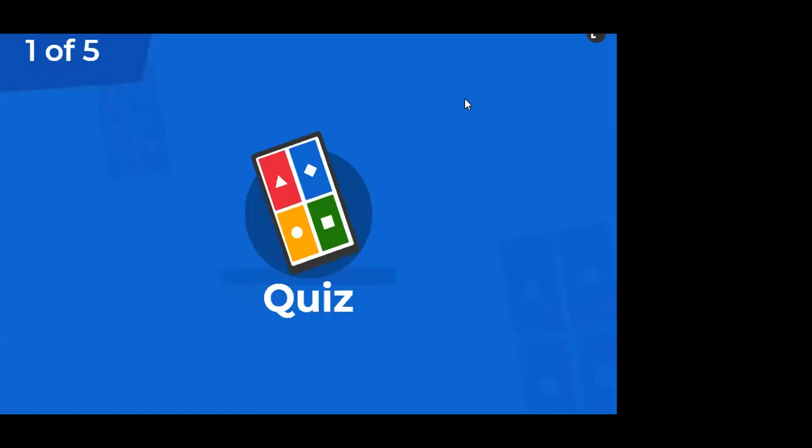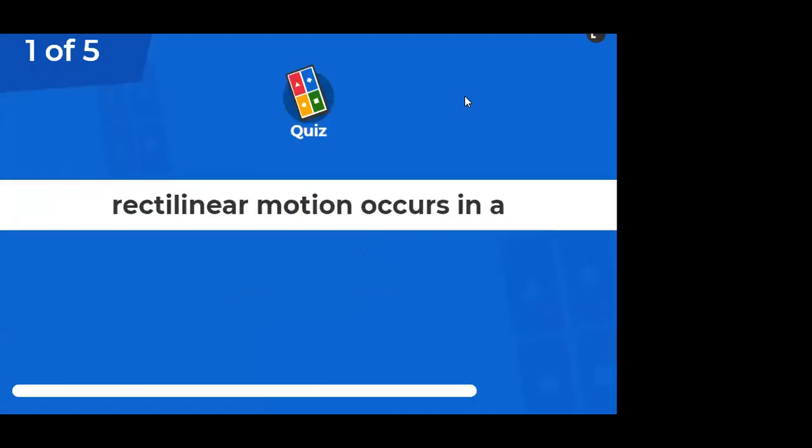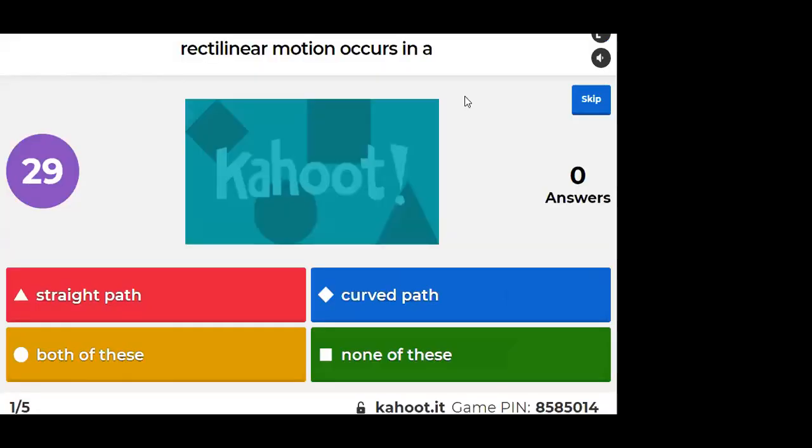The first question is, rectilinear motion occurs in a straight path, curved path, both of these, none of these. I guess this is revision.